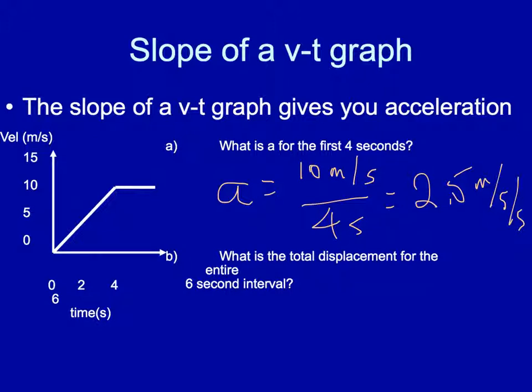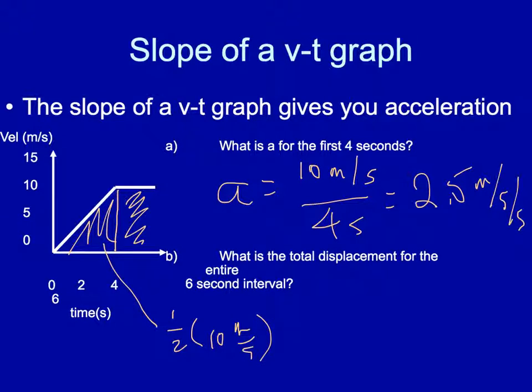Now, if I want the total displacement for the entire 6-second interval, remember, displacement is area under the curve. I'm going to have to break it into things that I can handle, so I'm going to break it into 2 separate areas. For the first one, I'm going to use 1/2 base times height, so 1/2 times 10 meters per second times 4 seconds. 1/2 of 40 is 20 meters.